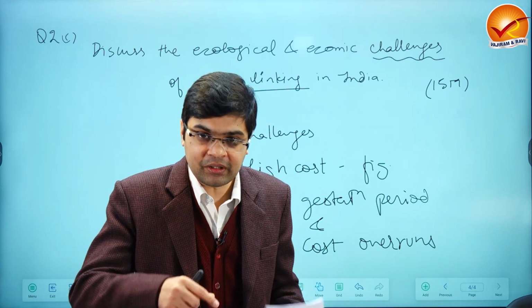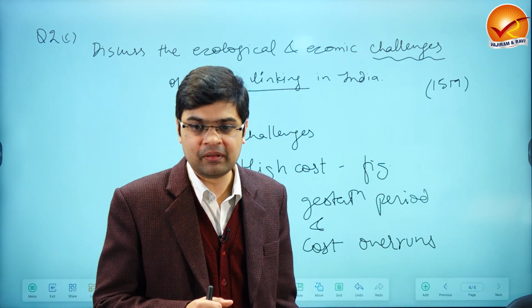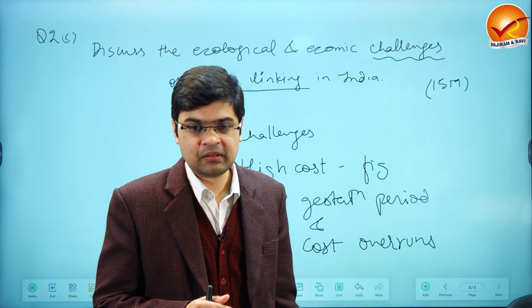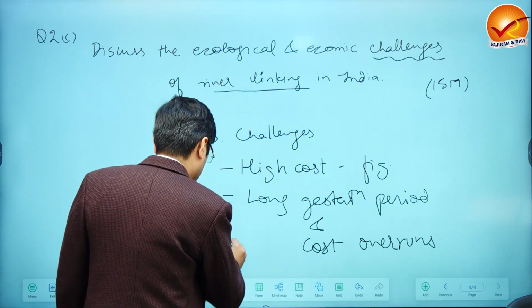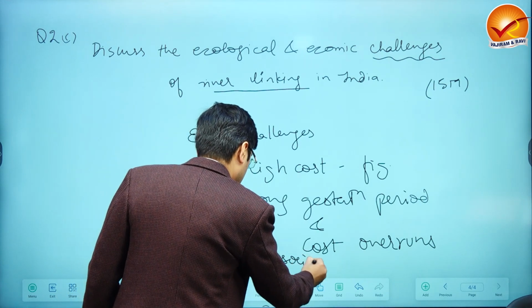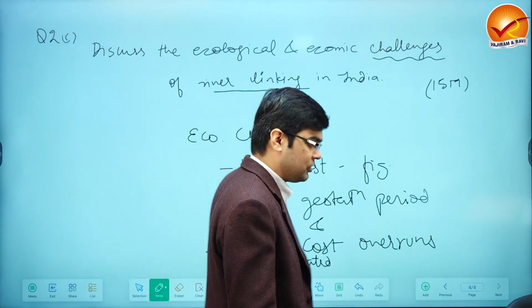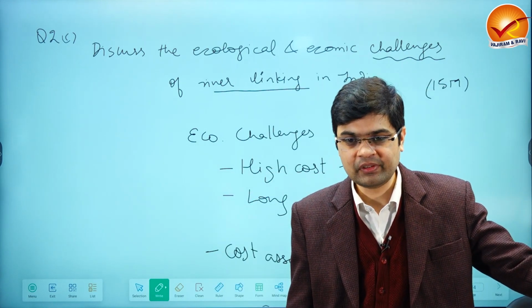They have to be relocated to some new areas. New houses have to be constructed for those people. Okay? So, cost associated with land acquisition, cost associated with rehabilitation, resettlement. Okay?